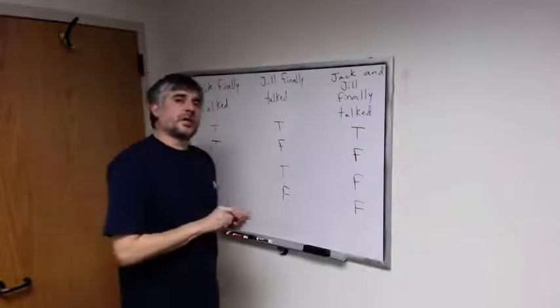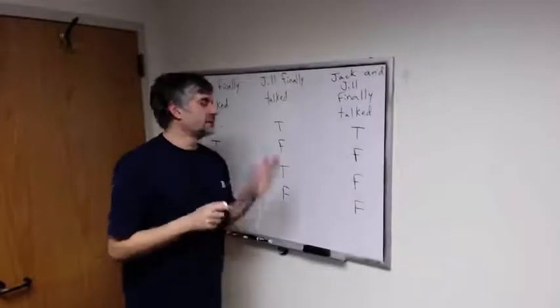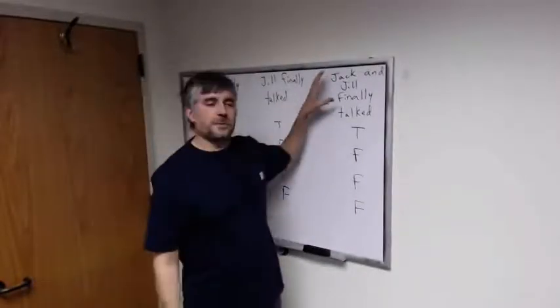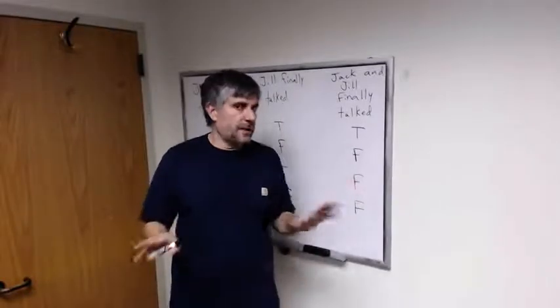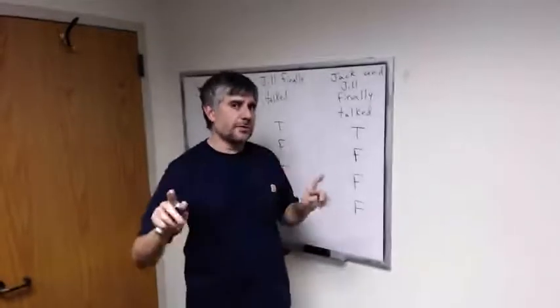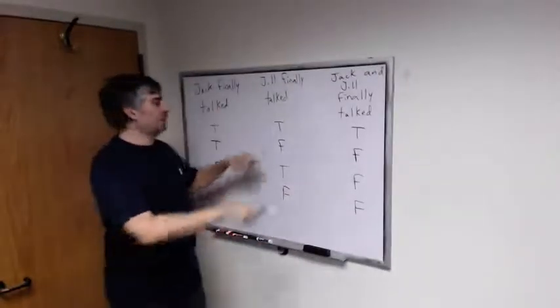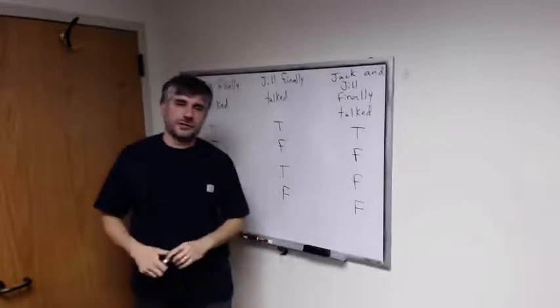So what this truth table demonstrates is that the truth of the proposition Jack and Jill finally talked depends on nothing other than the truth of the proposition Jack finally talked and the truth of the proposition Jill finally talked.